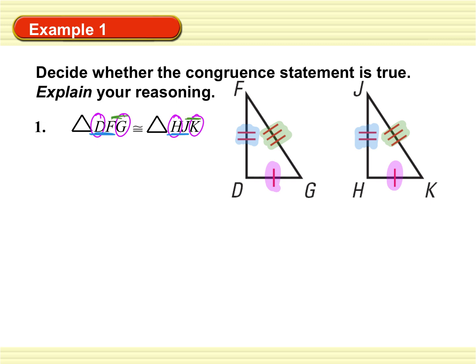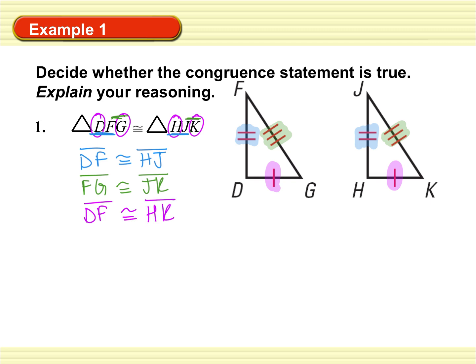Okay, so again, I'm just going to write them out. I have DF is congruent to HJ. Then I have FG is congruent to JK. And then I have DG is congruent to HK.